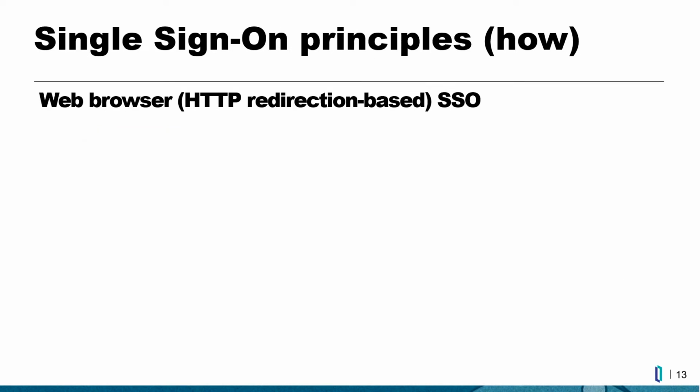So how does this work? We'll talk mostly about web browser solutions. There are other ways that single sign-on is achieved for back-end systems in particular, but most contexts nowadays deal with web browsing, and single sign-on is achieved by doing some form of redirection, navigation between different websites that exchange credentials. These credentials will be passed around in the form of security tokens.